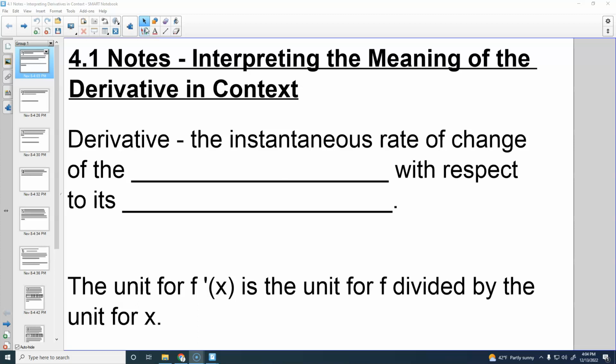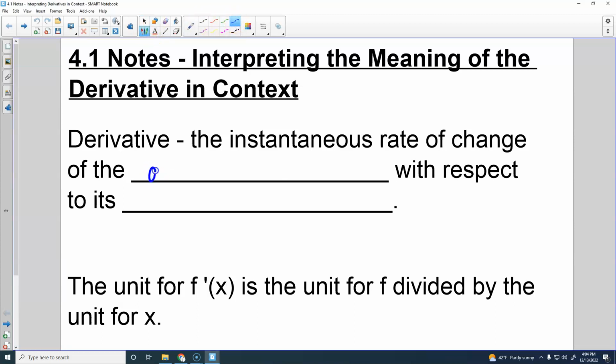So the derivative is the instantaneous rate of change of the dependent variable, which is your y, with respect to its independent variable, which is typically your x coordinate.